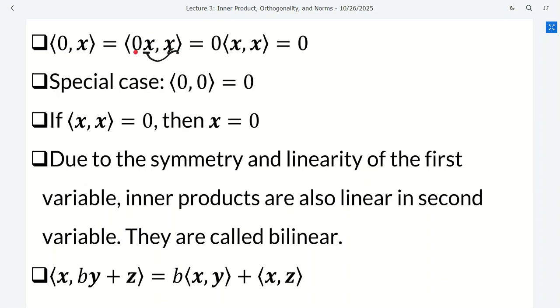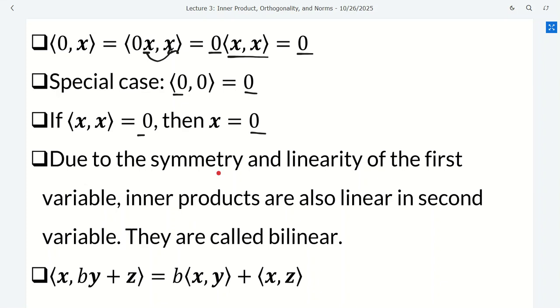Because the zero is a scalar, automatically it will come out when you multiply. So when you find the inner product, the answer you multiply by zero, you get zero in the end. Then we have a special case. The inner product of zero is zero. We learned that. Then we say that if you find the inner product of two vectors and you get zero, then we know that these two vectors are also zero. Okay.